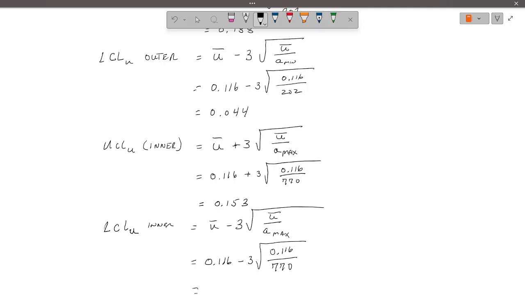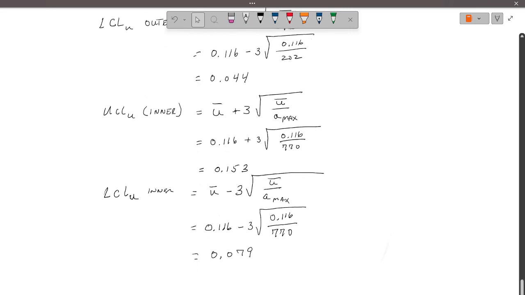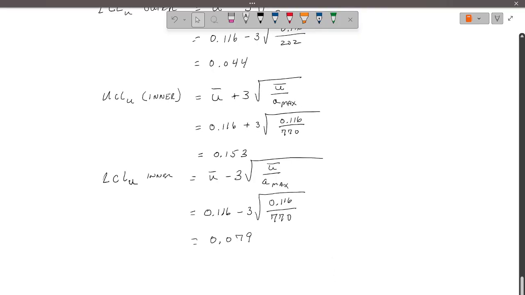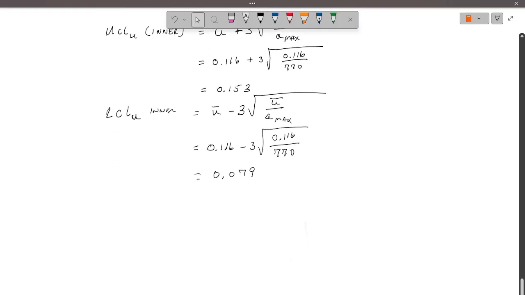And that gives me a number of 0.079. Everybody keeping up with me? Am I going too fast? No? Okay. So let's put that on a chart here so you can see what's what.